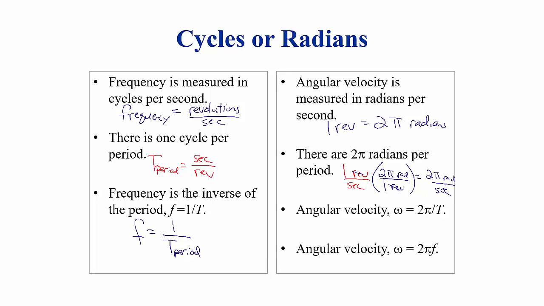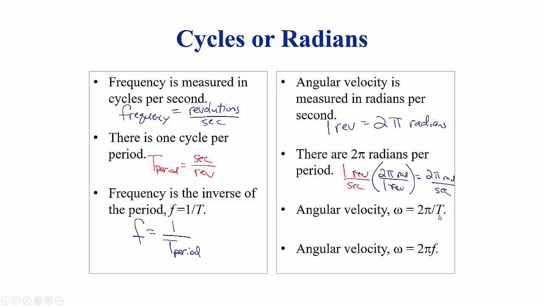Angular velocity, omega: in one turn, it turns 2 pi radians, and the time that it takes is the period. So angular velocity is 2 pi radians divided by the period. But since period is 1 over the frequency, that could also be written as omega equals 2 pi times the frequency.